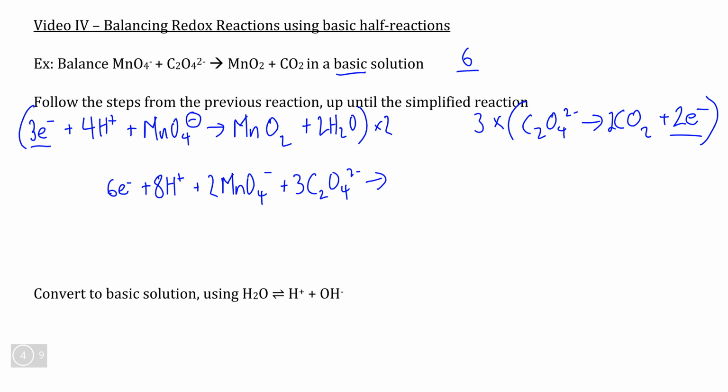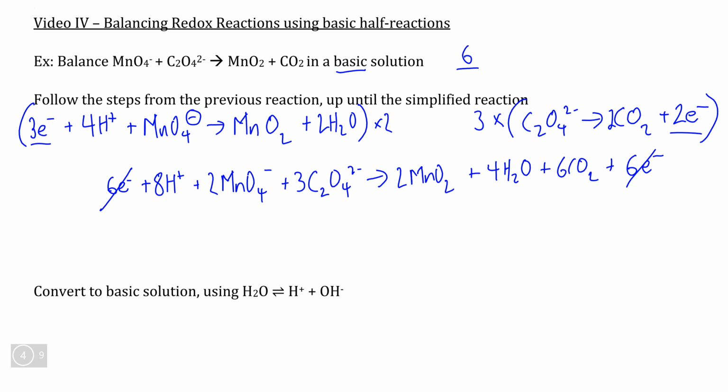And then if we write our products, we'll have 2 of the manganese oxide compound plus 4 water molecules plus 6 carbon dioxide and 6 electrons from our second half reaction, and we'll see that the canceling is actually easy to do because other than the electrons, we don't actually have anything duplicated on either side.